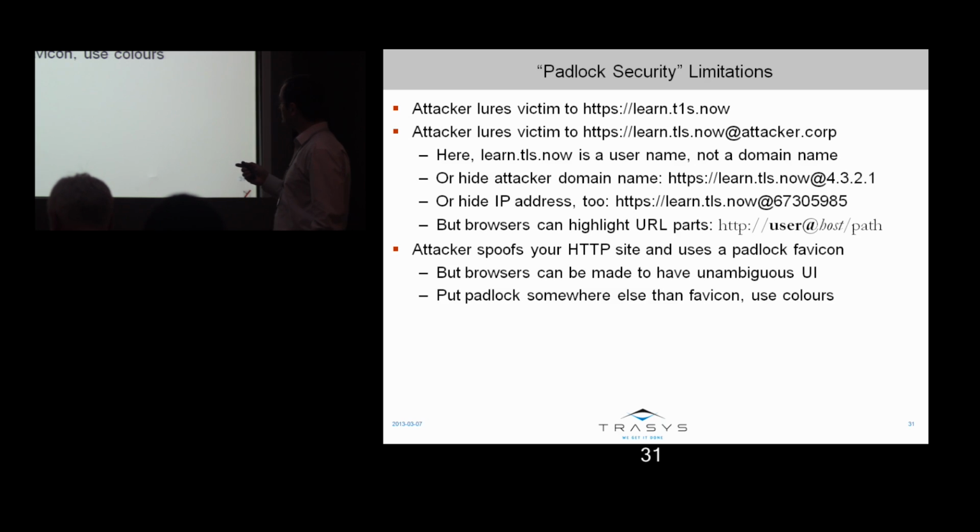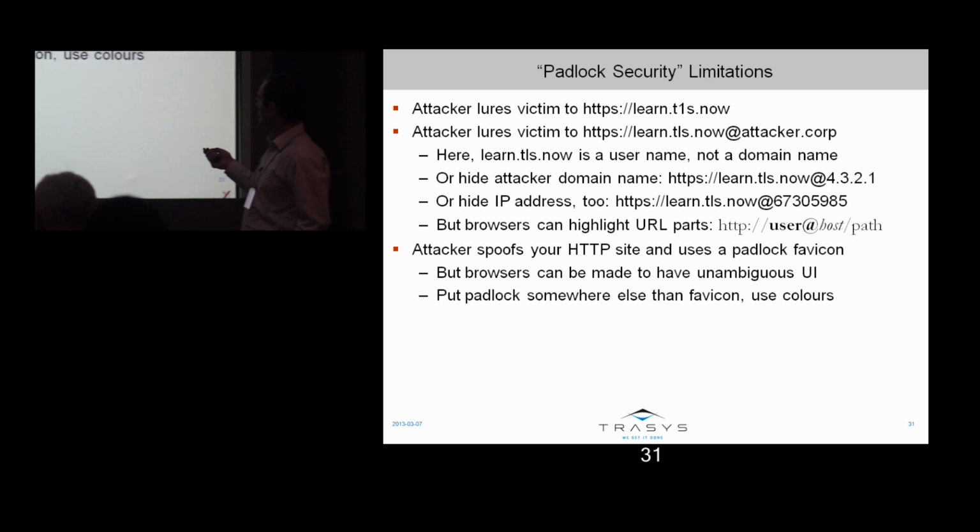Another attack. What if the attacker lures the victim to learn.tls.now at attacker.corp? It looks to the unprepared user like protocol followed by host name followed by gobbledygook. But in fact, what's happening here is that this is the username and this is the host name.